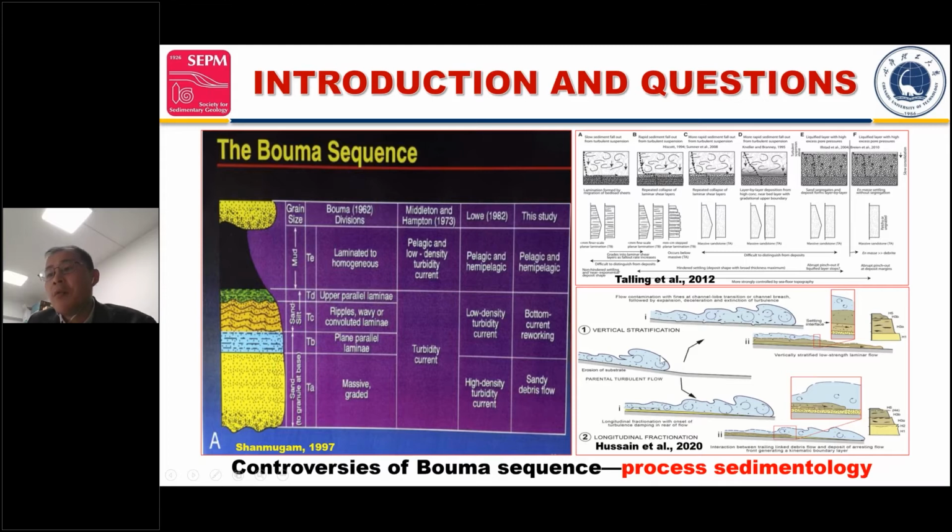So we are wondering whether it is possible for us to find some evidence that can clearly indicate the transport and deposit process from the sediment record. So we try the Quasi-armored mud clasts.